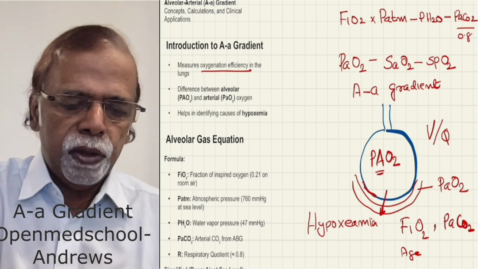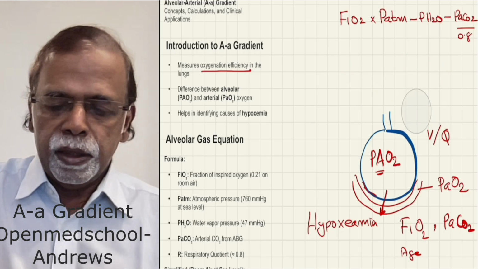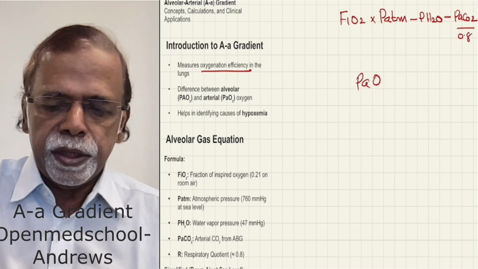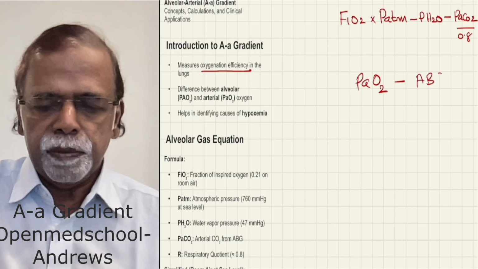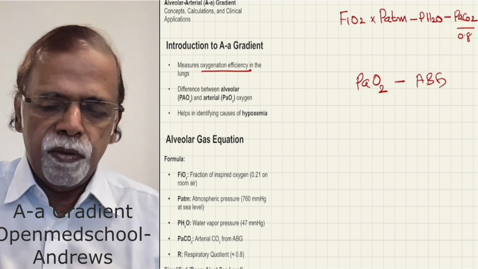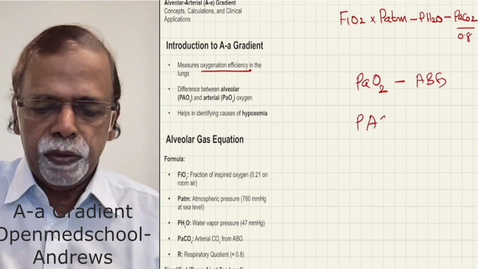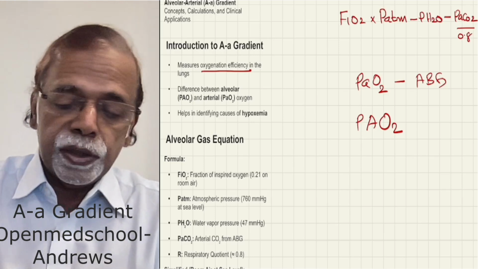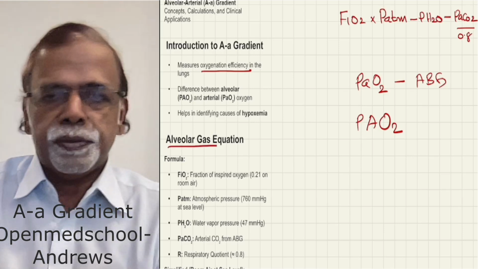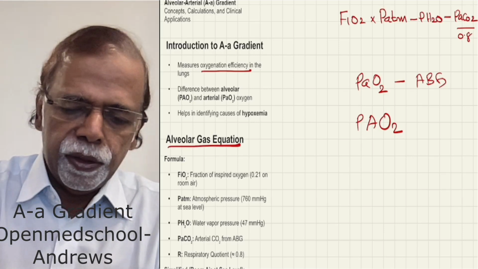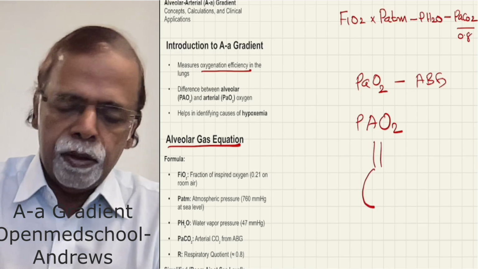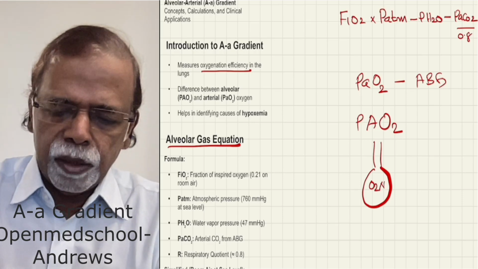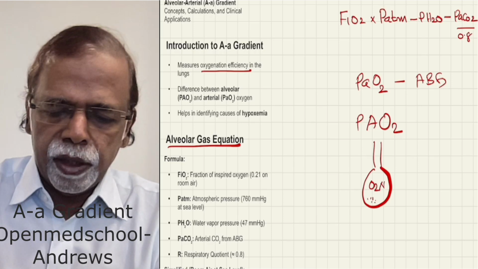So now, how will you calculate the AA gradient? The PaO₂ is measured in the ABG, that is the partial pressure of arterial oxygen, but the alveolar PAO₂, that is the alveolar oxygen pressure, is calculated by using the alveolar gas equation. If you look, the alveoli contain oxygen, nitrogen, and some amount of water vapor and carbon dioxide.